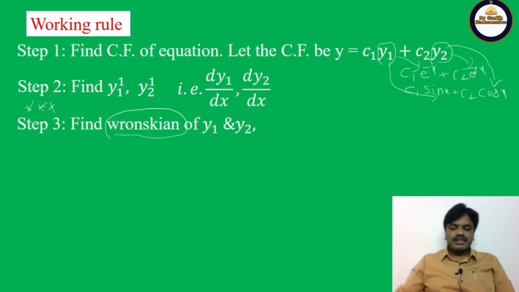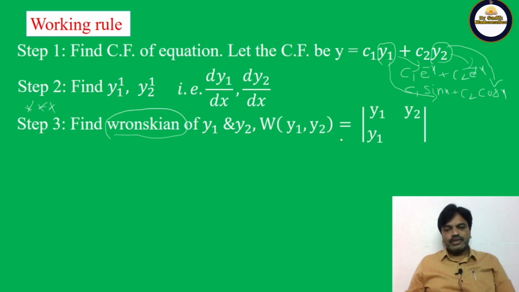Let us see the formula. The Wronskian of y1, y2 is equal to the determinant with first row y1, y2 and second row y1', y2'. We can simply remember it: you first write y1 and y2, and then the derivatives of y1 and y2.